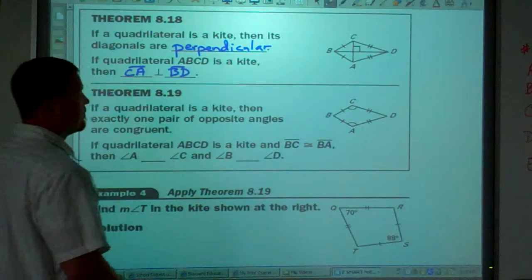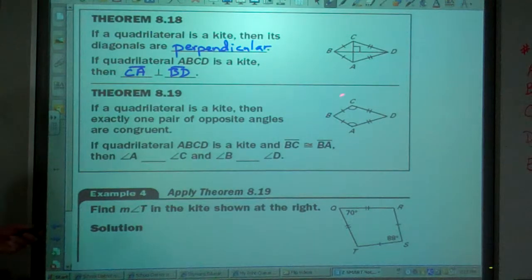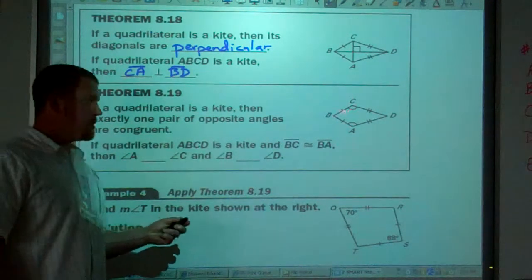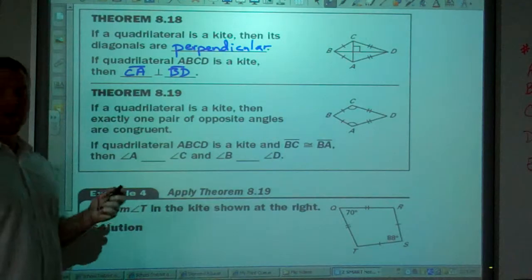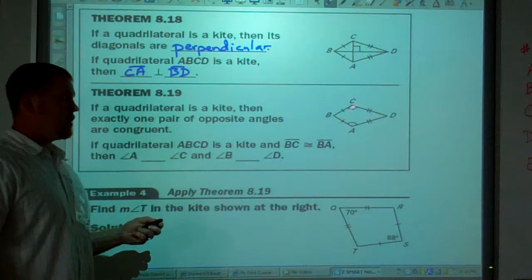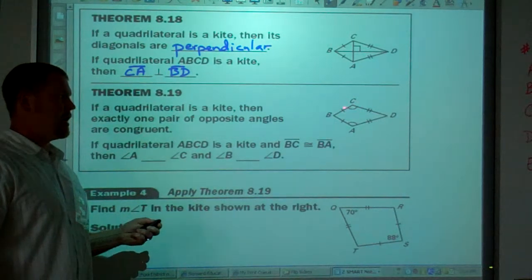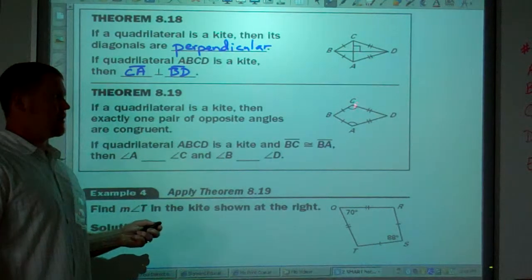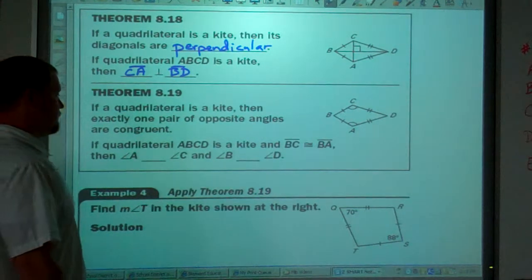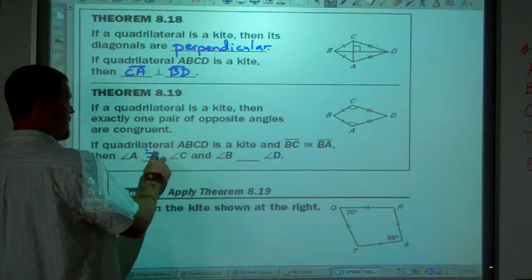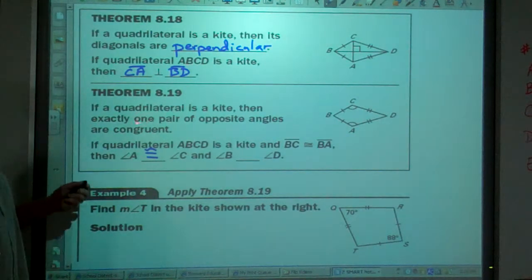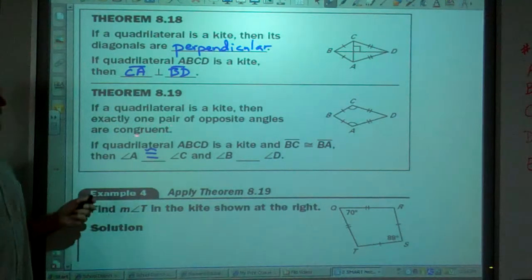As well, it has one pair of opposite angles that are congruent, and the pair of opposite angles that are congruent are the angles in between the non-congruent sides. So in this case, that's angle C and angle A. Okay? It has exactly one pair of opposite angles that are congruent.